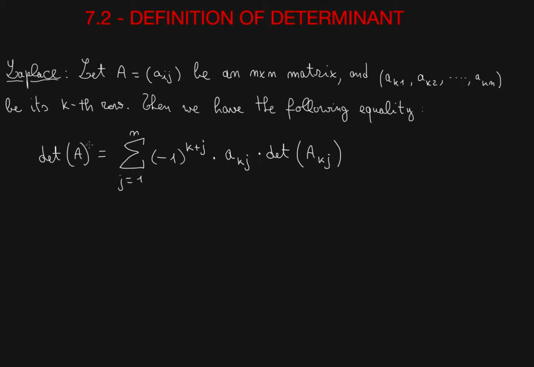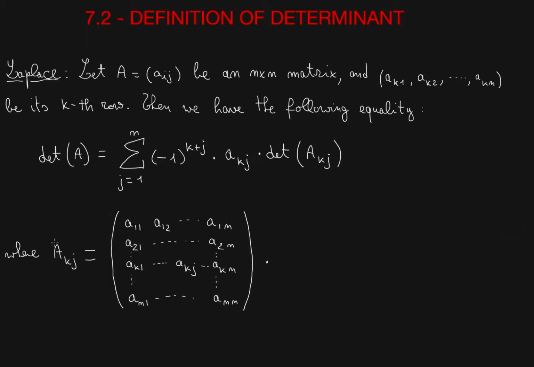The determinant of A can be expressed as this summation over the index j of these terms: (-1) to the power k plus j, times the coefficient akj, times the determinant of this matrix, which we will denote by Akj. Akj has the following expression. So we can derive Akj from the matrix A.